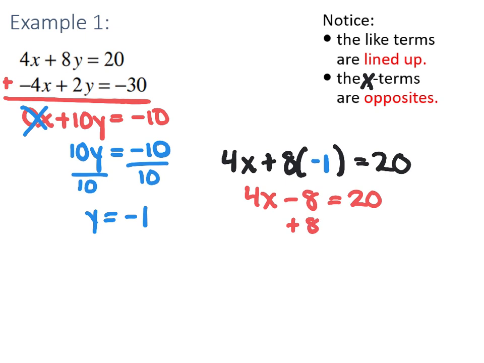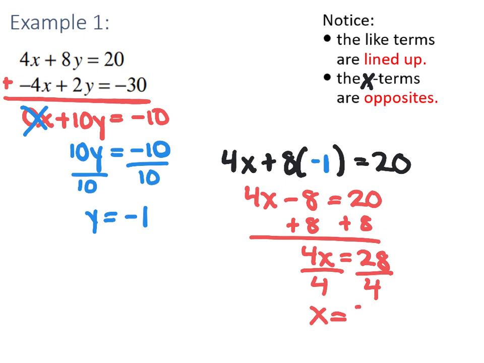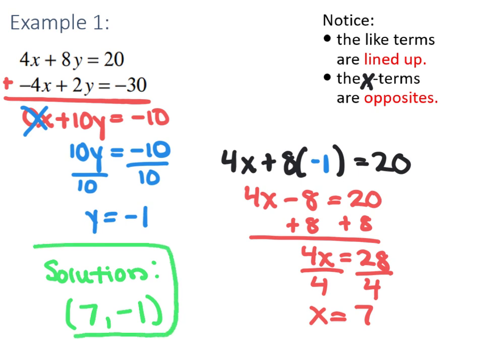I can add 8 to both sides. So I'll have 4x equals 28, and divide both sides by 4 to get x equals 7. So the solution to the system is 7, -1.